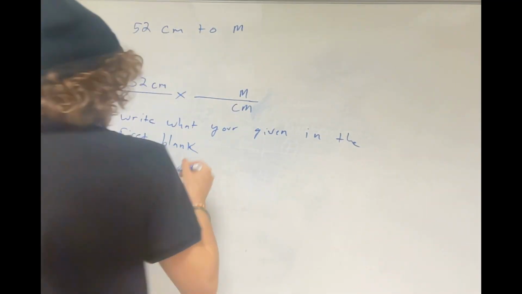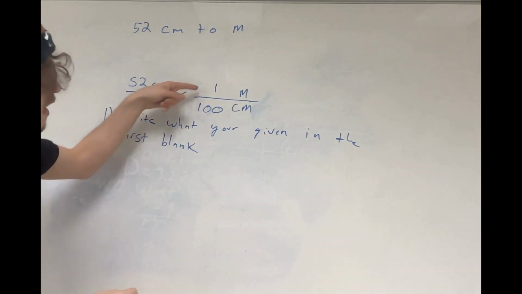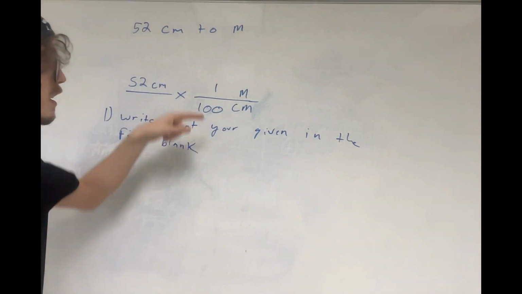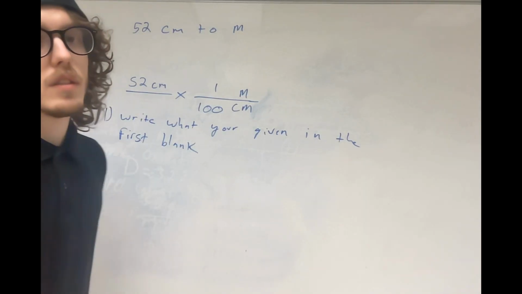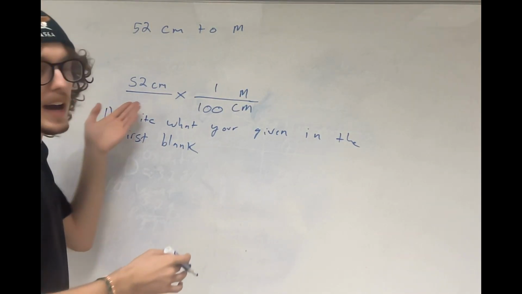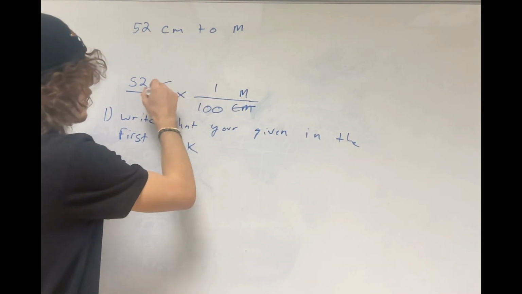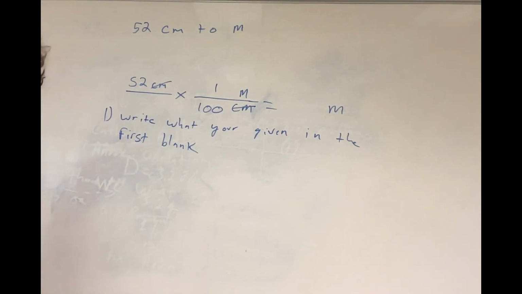So for every 1 meter, there's 100 centimeters. This is a conversion factor. It's just relating the two in a fractional form. And look what happens. If we treat this as a fraction, a number times a fraction, the centimeters will cancel on the bottom and your output will be in meters when you calculate it.